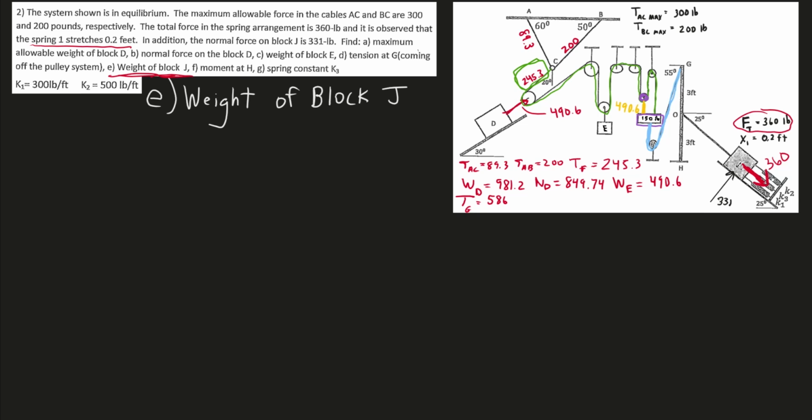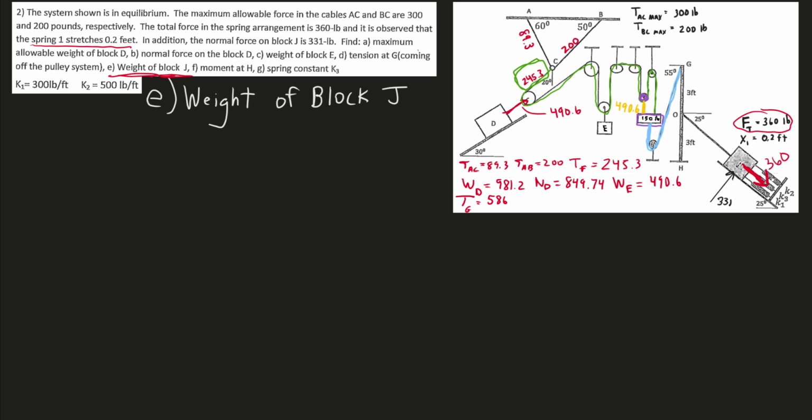So if spring 1 stretches, that means all of them are stretching, because I know springs in parallel all move with the same x. So if these springs are in a stretched configuration, they're wanting to pull that J down. Alright, so these are two known so far, the 331 and the 360. That's good. Alright, what else?